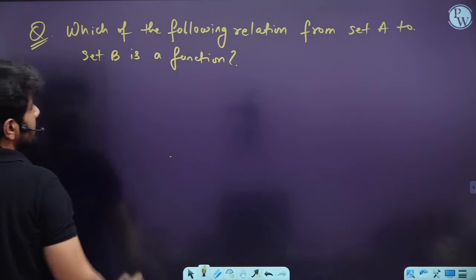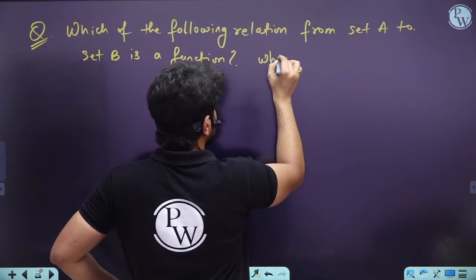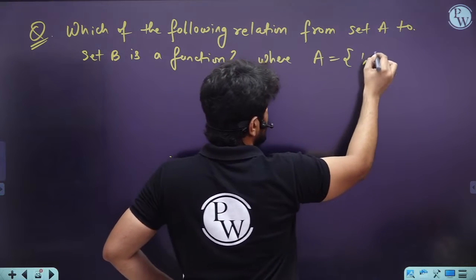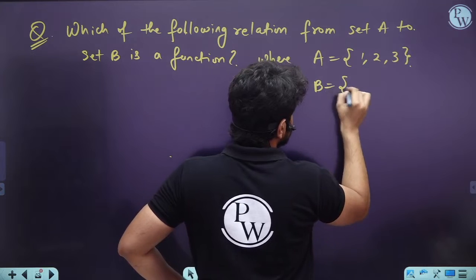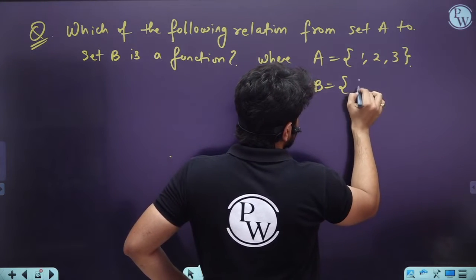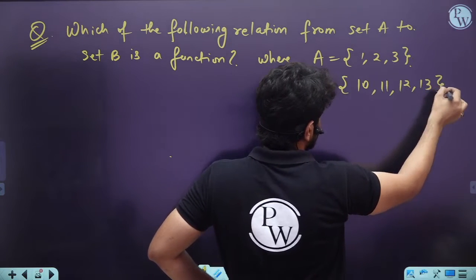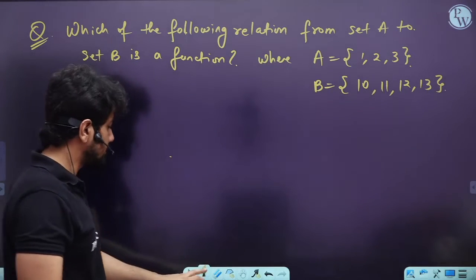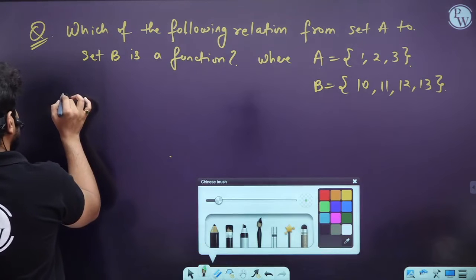Which of the following relations from set A to set B is a function, where set A is, let's say, 1, 2, 3, and set B, let's say, is 10, 11, 12, 13. Okay, so this is set A, this is set B. Now, which of the following relations from set A to set B is a function? That is our question.